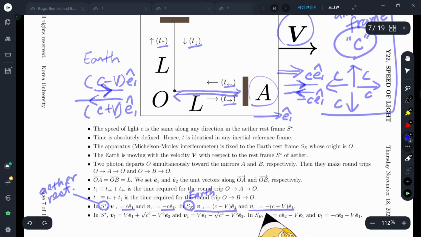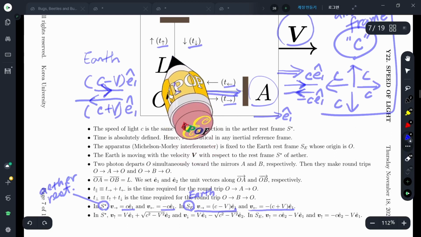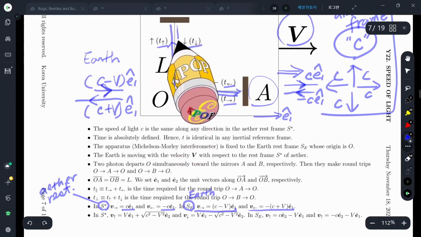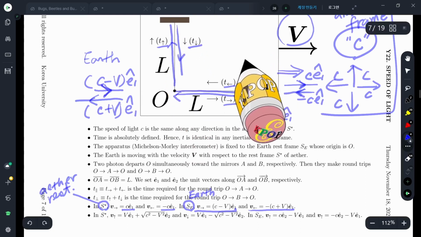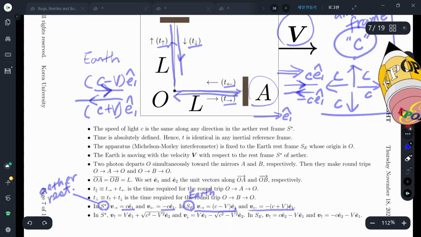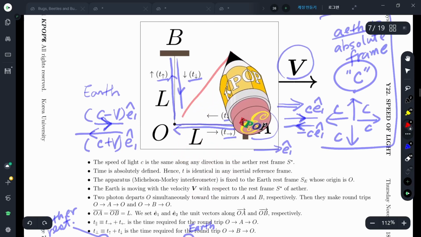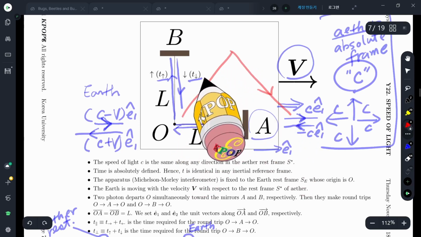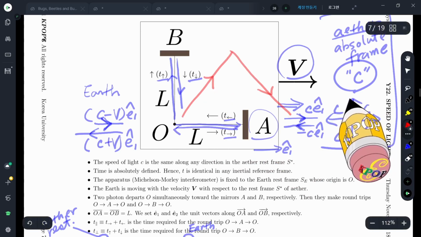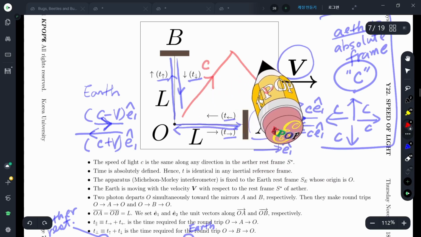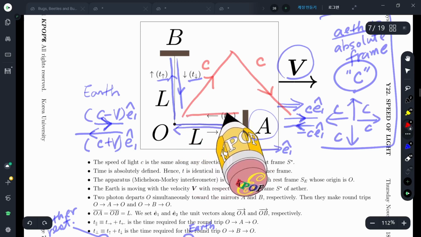The direction is opposite. If we consider the transverse direction, on Earth it is transverse, but because Earth is moving in the frame where ether is at rest, the light is flying in this way. In the ether rest frame the speed of light is always c.